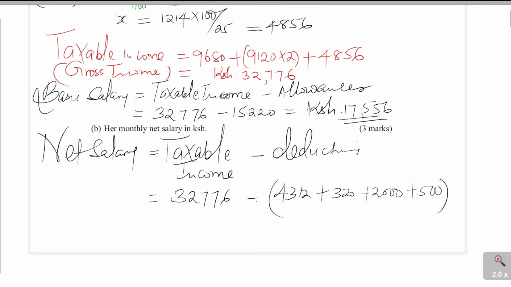That gives 25,644 shillings. Ensure that you are careful when you are adding all these. So that is how you're supposed to solve that question.